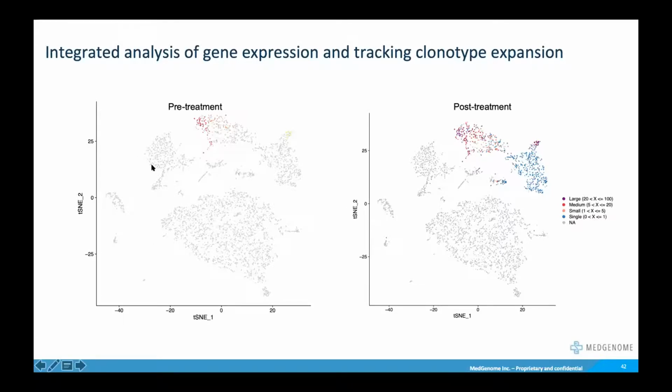And after performing the clustering using TCR, as I mentioned earlier, we arrive at these different clusters, but we now also have information on the TCR clonotypes, and we want to see if there's a particular expansion of one or more TCR clonotypes in response to a drug treatment. And you do see a significant expansion of TCRs and the clonotypes post-treatment, and being able to identify these can potentially give you candidate cancer vaccines.